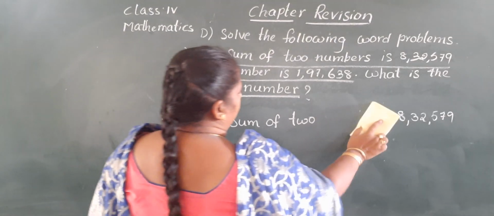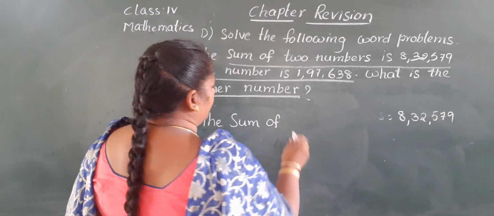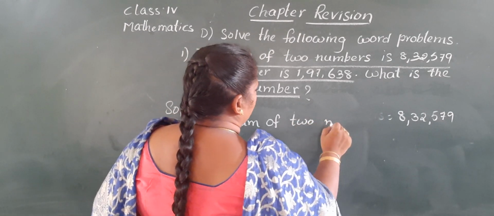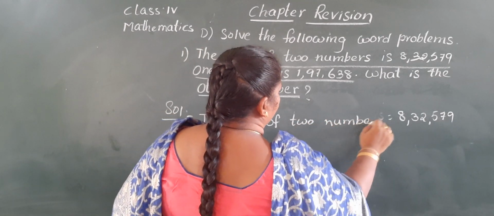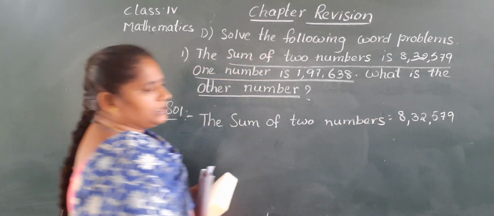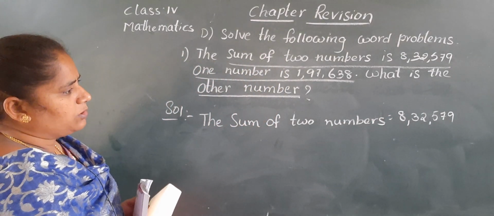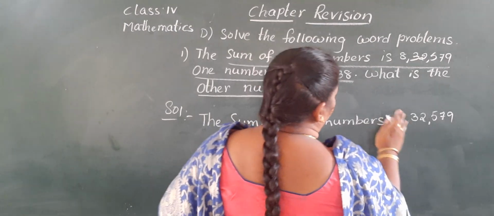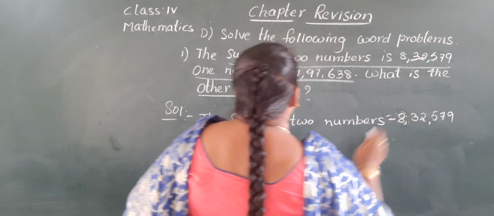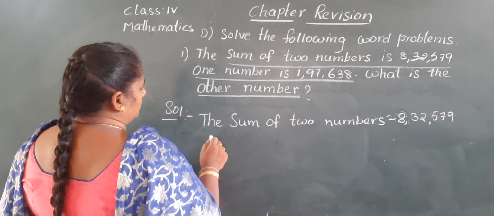Write neatly. The sum of two numbers equal to 8,32,579. Now, one number is given.